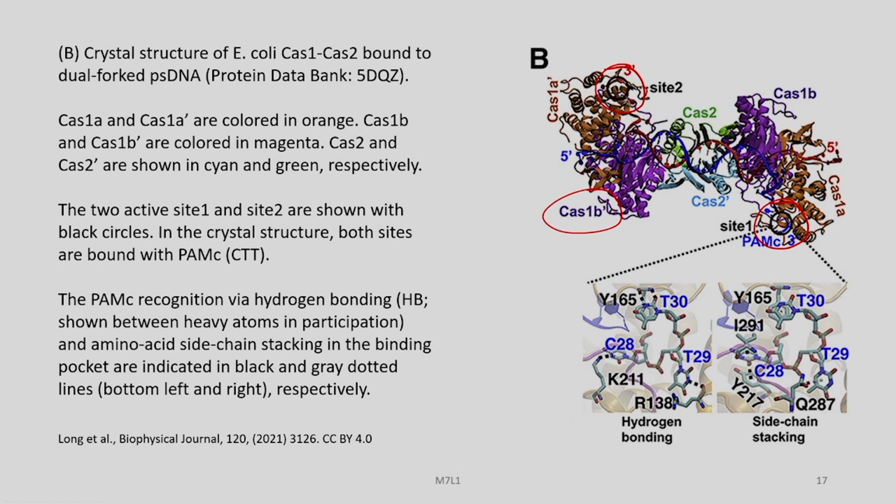In the crystal structure, both sites are bound with PAM-C CTT. The PAM-C recognition via hydrogen bonding and amino acid side chain stacking in the binding pocket are indicated in black and gray dotted lines respectively. Here you can see the hydrogen bonding and the side chain stacking.